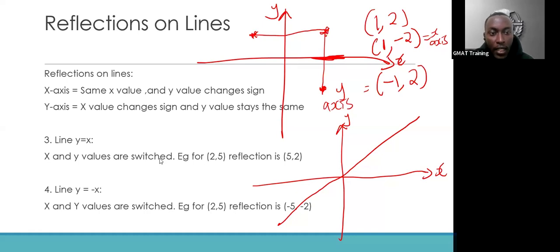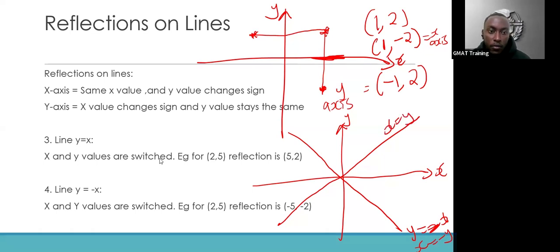Then you also have the last line, which is y equals negative x, a line going through the origin. This is y equals negative x, or the other way around, x equals negative y, and this one is x equals y.